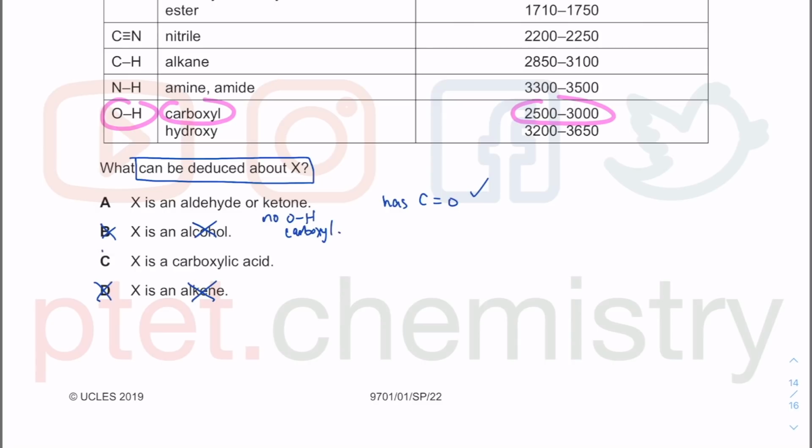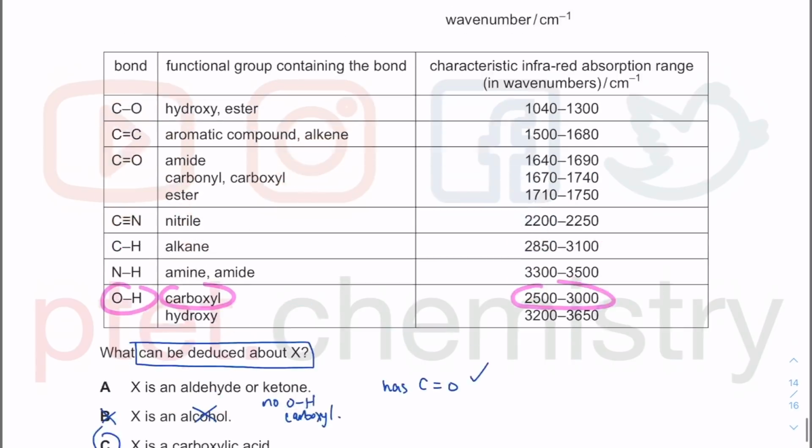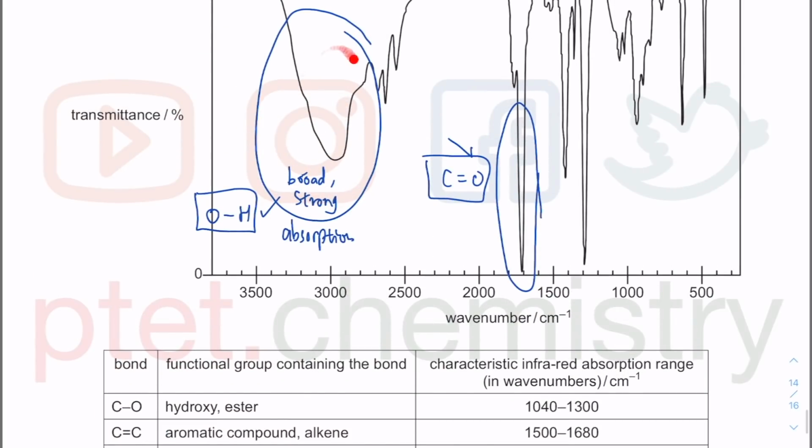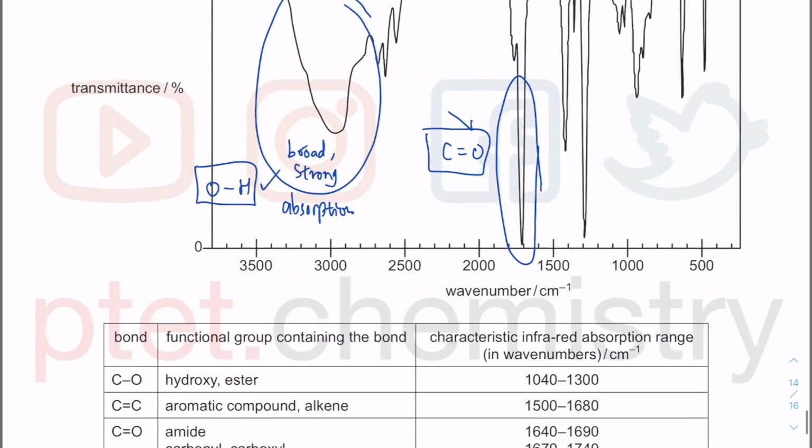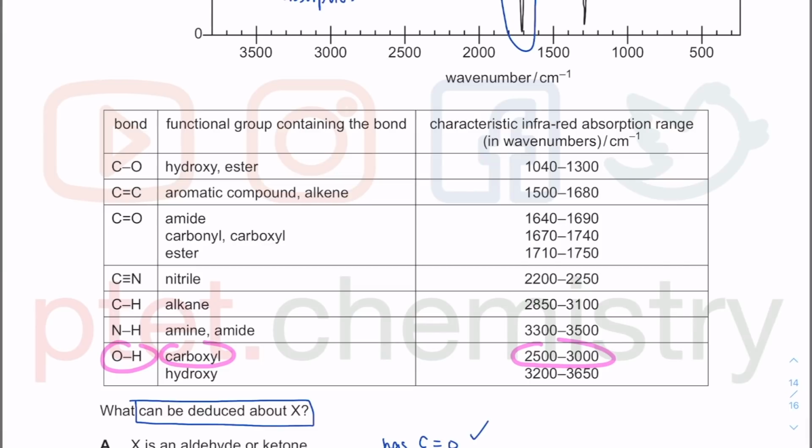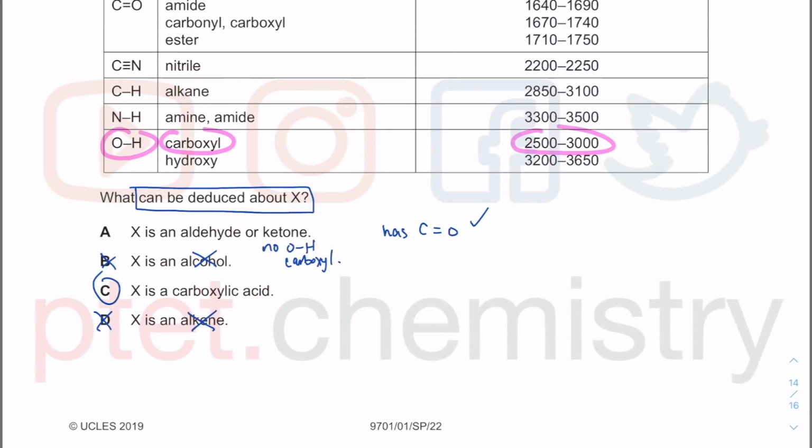So that means we are looking at carboxylic acid, which is most likely given that we have this absorption around the 2500 to 3000 wave number. So hopefully that makes sense there, that the answer there must be carboxylic acid and not aldehyde or ketone there.